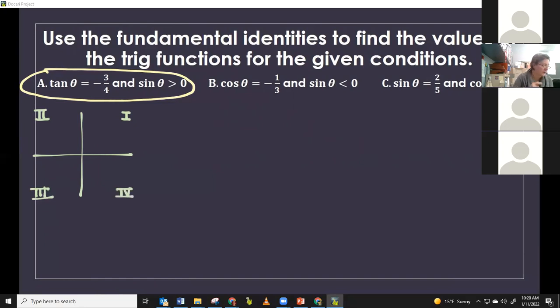Two. Right here, I see that I have a negative tangent value, but sine is positive. Sine is positive in the second quadrant. All are positive in the first quadrant. So if I have a negative tangent value and a positive sine value, I've got to be in the second quadrant. So I'm going to draw my reference triangle then.